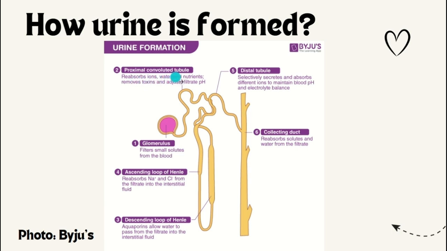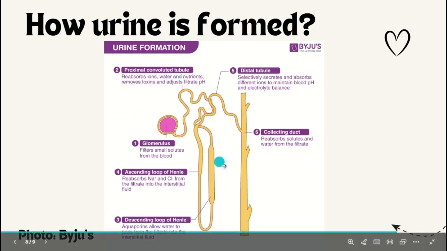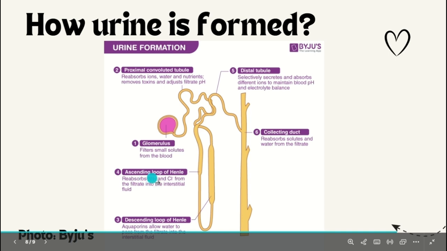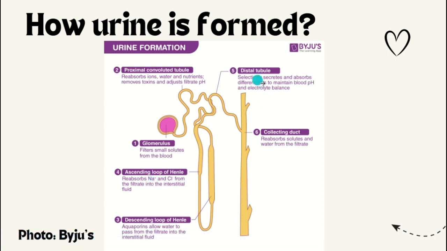So it starts with the glomerulus, then the proximal convoluted tubule, then the descending loop of Henle, descending as in going down, then the ascending loop of Henle, then the distal tubule, and then the collecting duct. So this is more of a memorization thing. You just need to memorize what happens in each part, right?